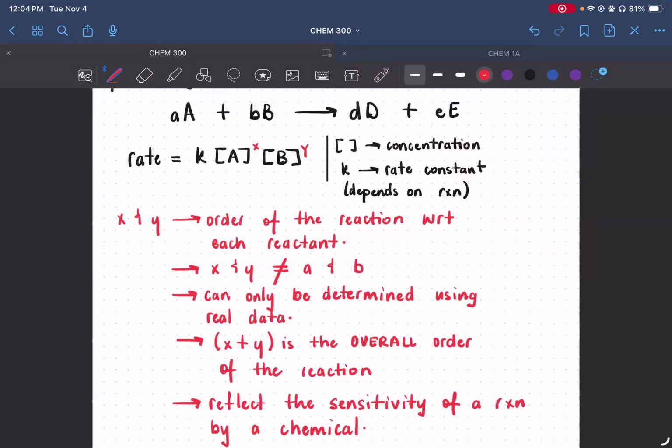See, while it may be satisfying to think, well, both reactants affect the reaction equally, 50-50, the truth is very much not so. I mean, think back to reaction metrics when we talked about limiting reactants. Both reactants do not affect the reaction equally. So more often than not, maybe one chemical is more sensitive than the other.